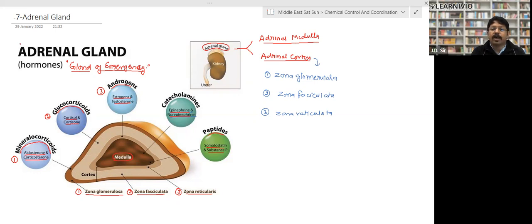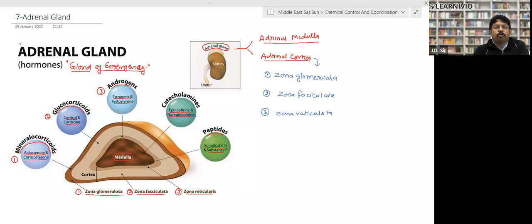B. Zona fasciculata. C. Zona reticularis. Full stop. Next.